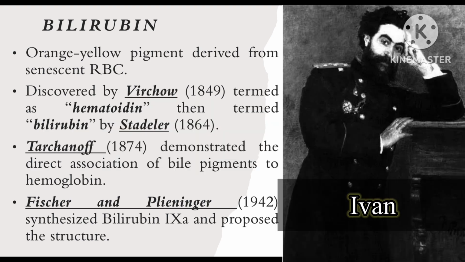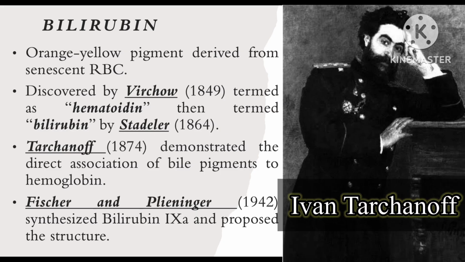Next is Ivan Tarchanov, a Russian physiologist, who demonstrated the direct association of bile pigments like bilirubin with hemoglobin. He showed bilirubin comes from hemoglobin breakdown, linking red blood cell destruction to bile pigment formation.